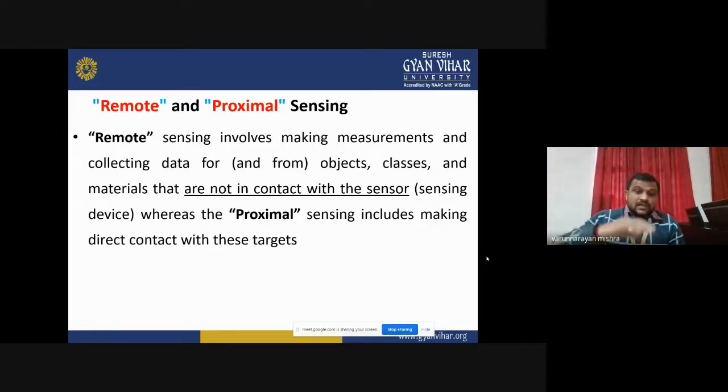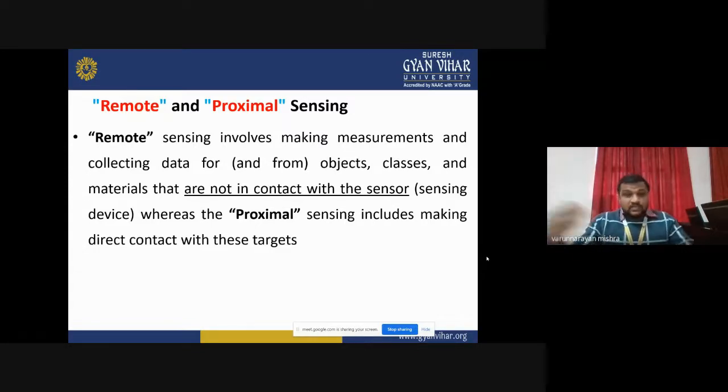So there are two types of sensing processes: one is remote and one is proximal. If we gather the information through direct contact or some physical contact with the object or target, that is known as proximal sensing. That is the difference between remote sensing and proximal sensing.